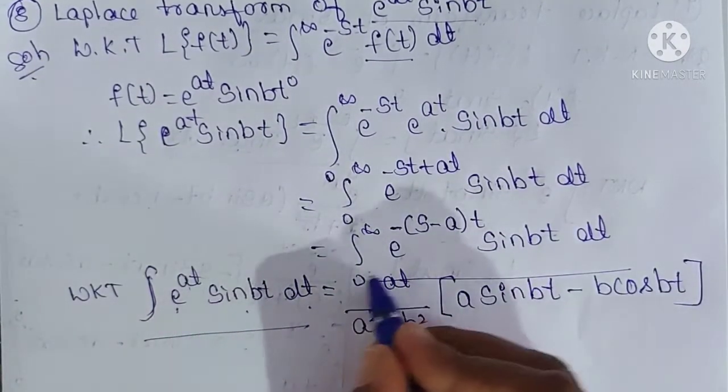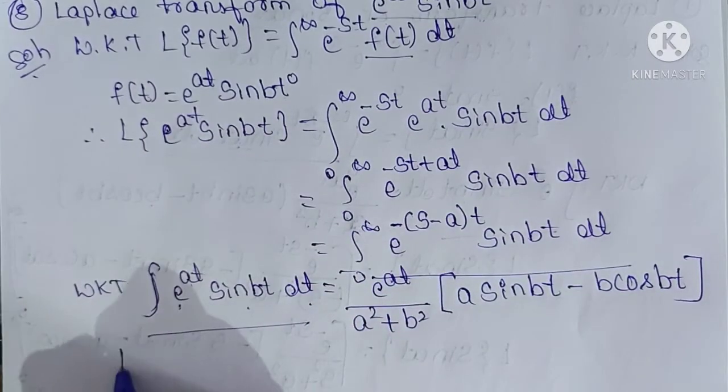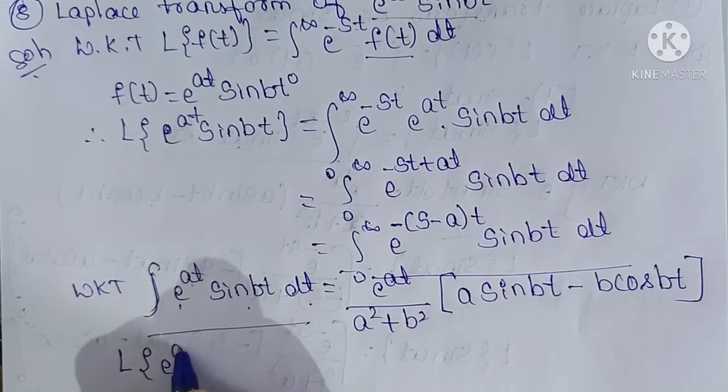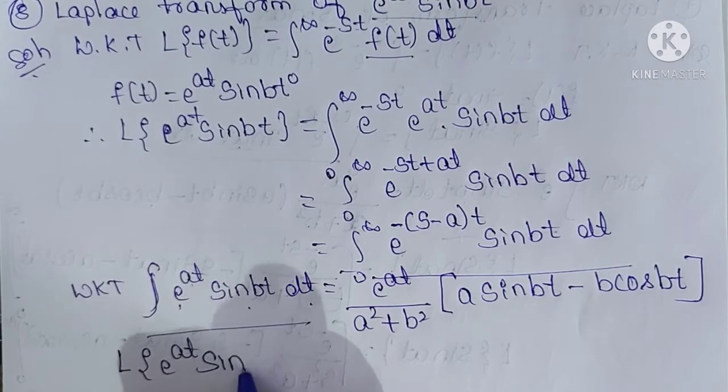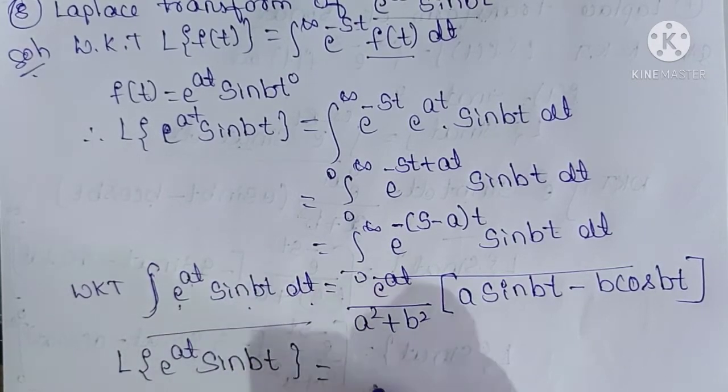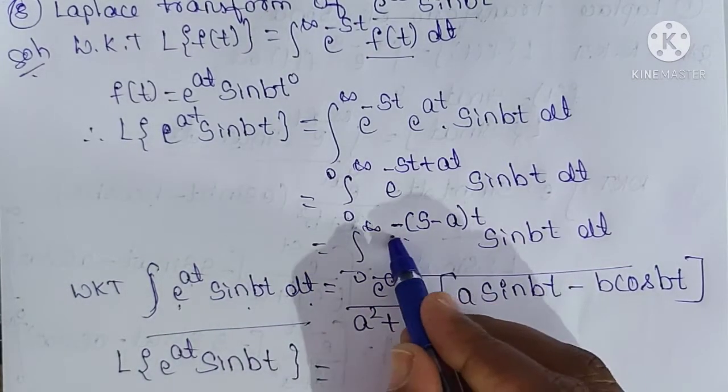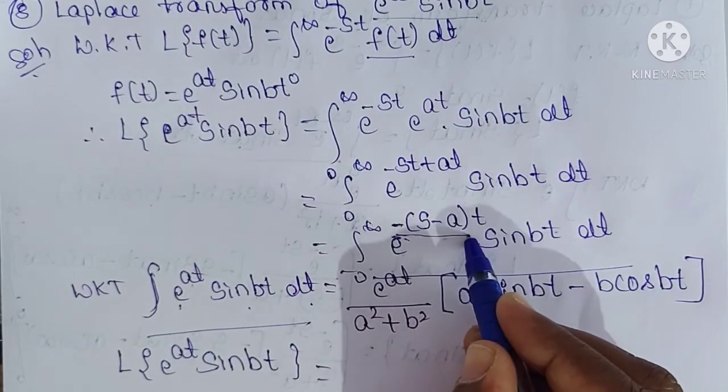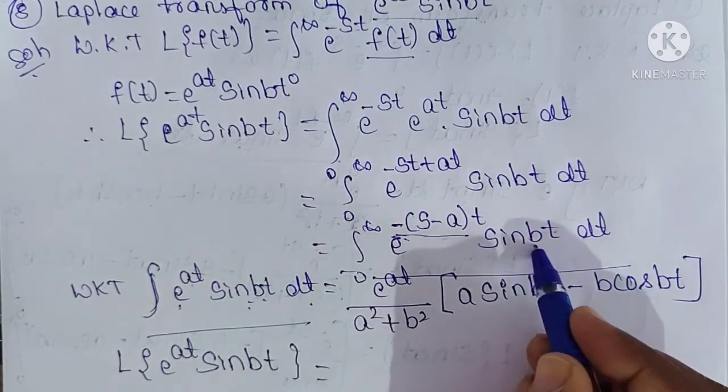Now apply for this integral, we will get L of e power at sine bt is equal to, see here in place of a, minus s minus a is there, in place of b, b only.